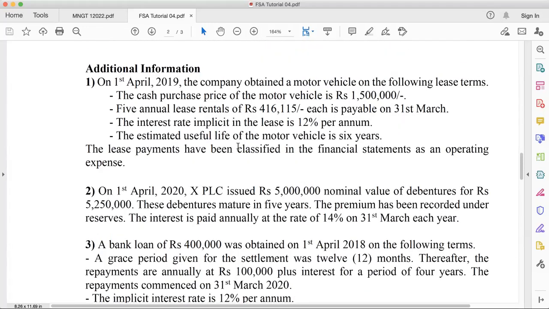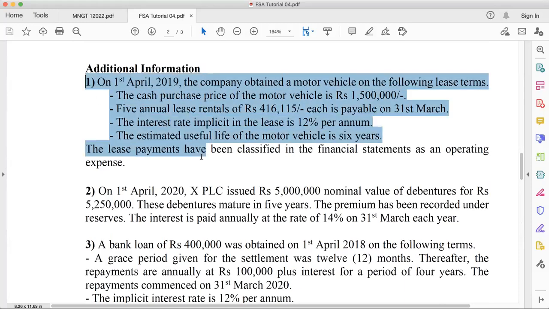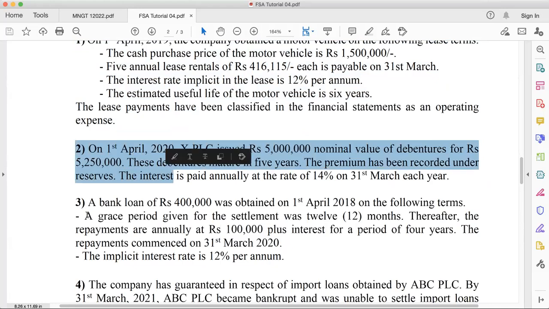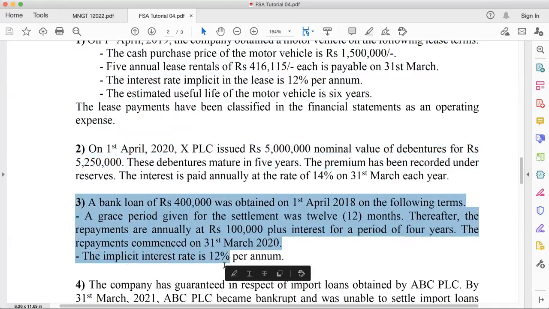Now you see additional information, number 1 about lease, number 2 about debentures, number 3 about bank loan. All these three liabilities, you should record at amortized cost.